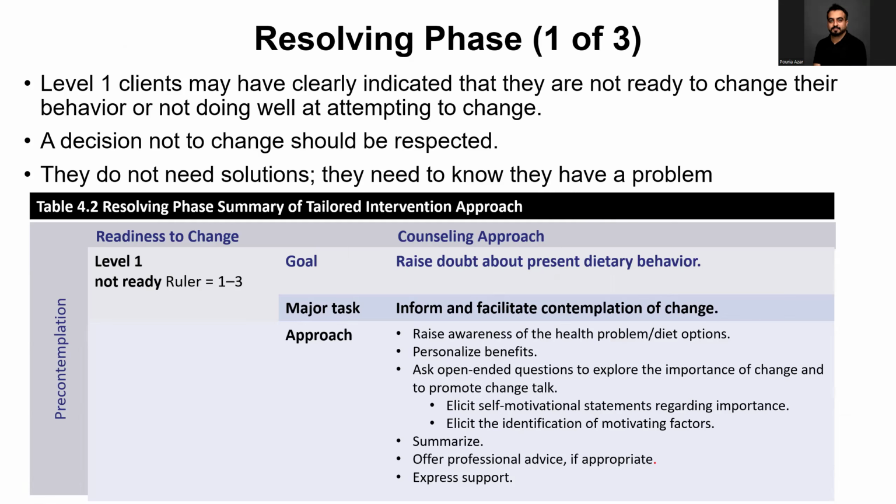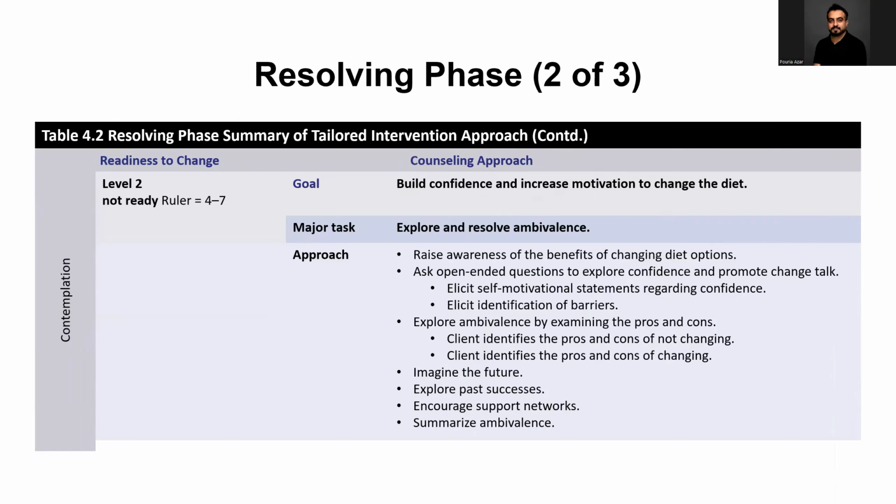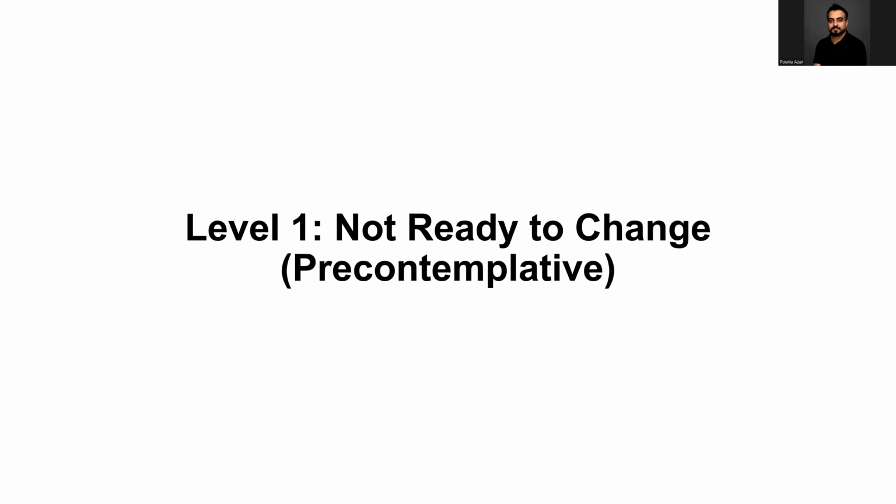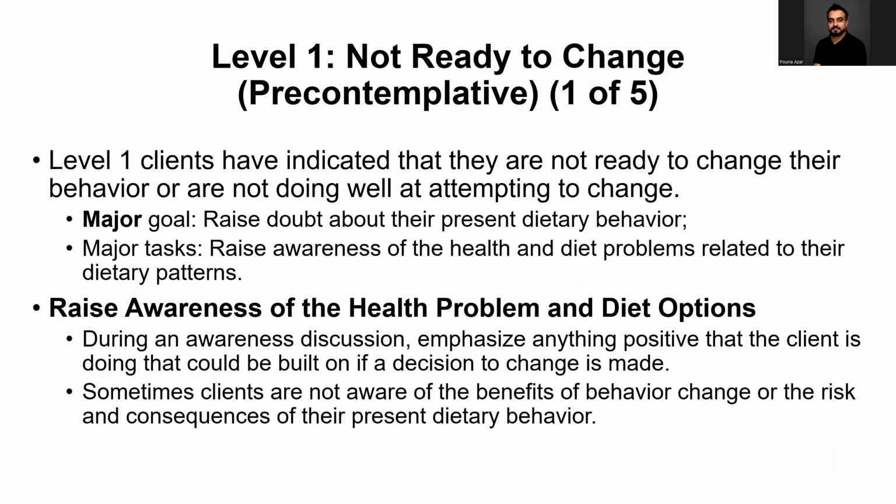I would like you to look at this table very carefully, and this one and this one. So level one is not ready to change. As I said, at level one, clients indicated that they are not ready to change. We need to respect their decision.